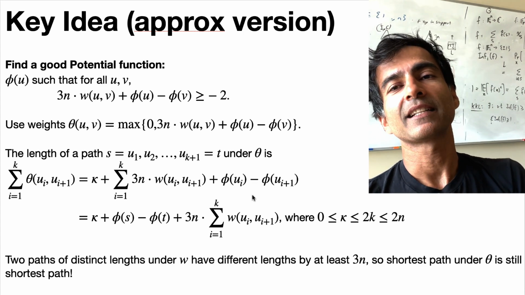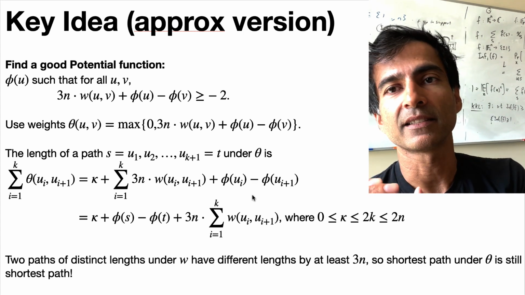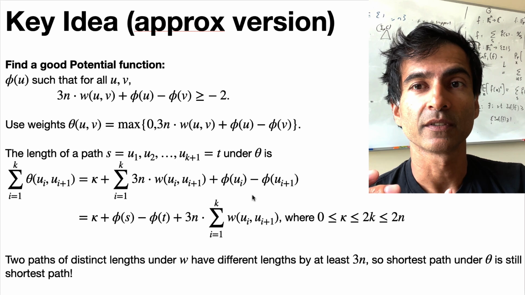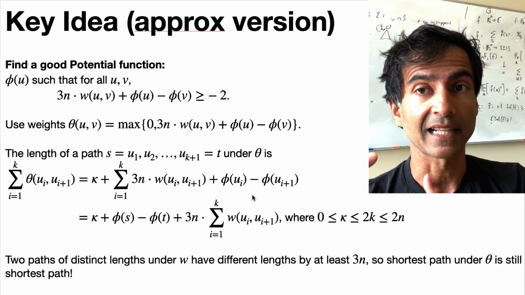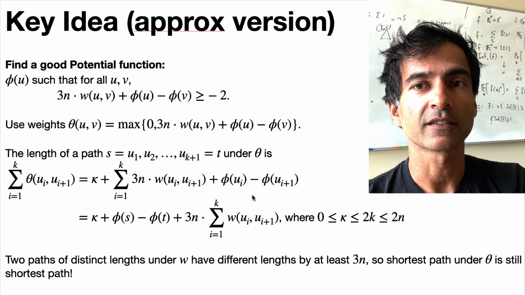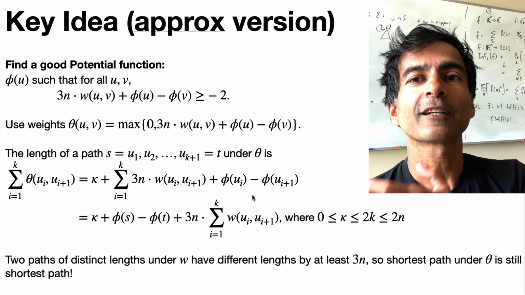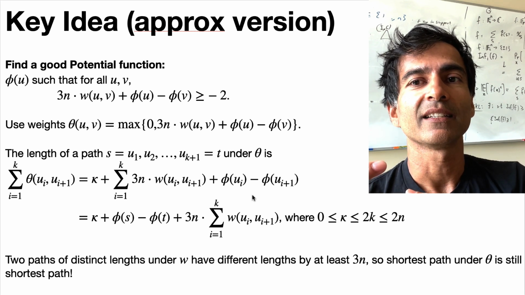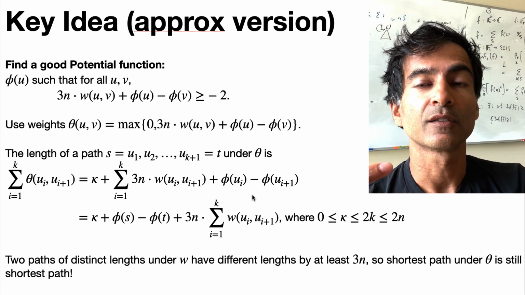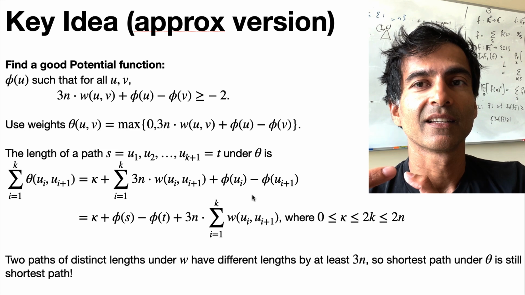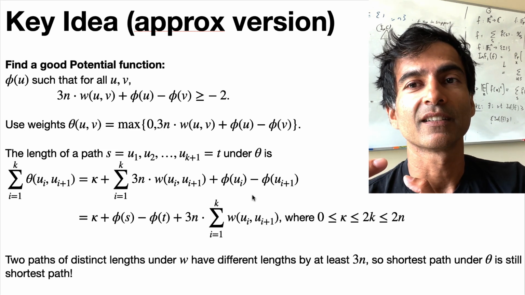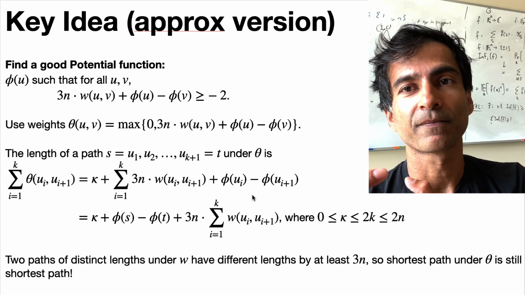And so the point is that if you have two distinct paths from S to T in the original graph under W, and they have distinct lengths, so one of them is shorter than the other, then the worst thing that could happen is that the shorter one's length gets increased by 2 times n, and the longer one has the same length as before.